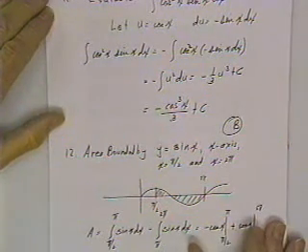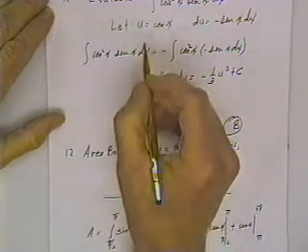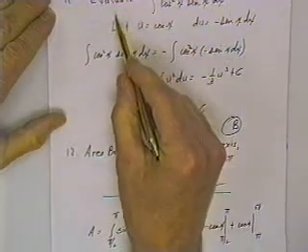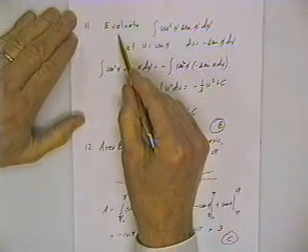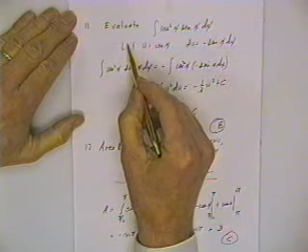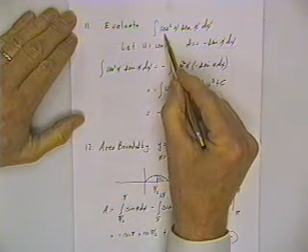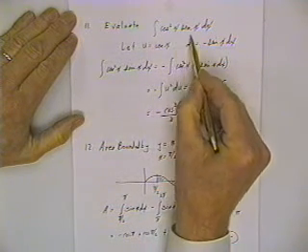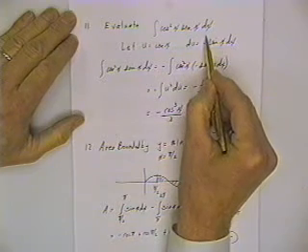Now, here we are evaluating another integral. And this again is a continuation of problems out of your study manual from Lüneburg. We're asked to evaluate the integral of cosine squared x times the sine of x dx.